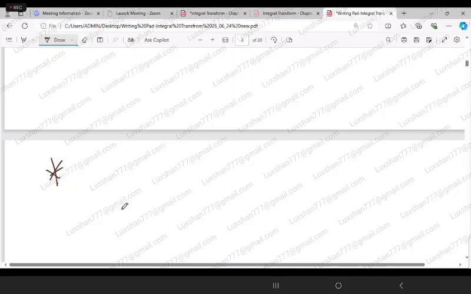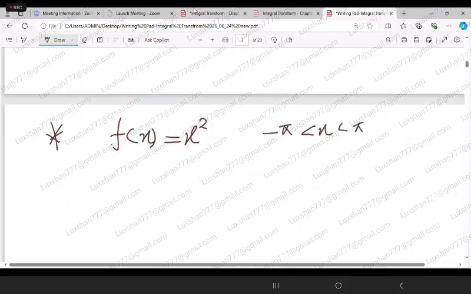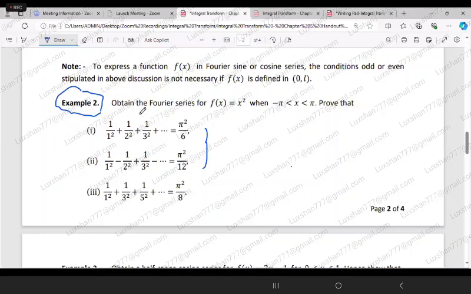Now the function is f(x) equals x squared, with the range minus pi less than x less than plus pi. Here they are asking us to obtain a Fourier series, neither cosine nor sine, so we have to get the complete one.